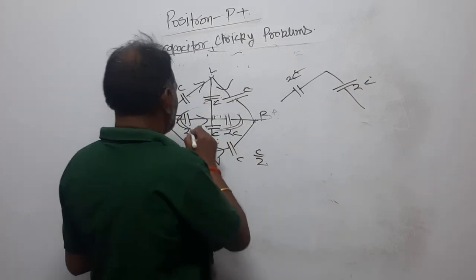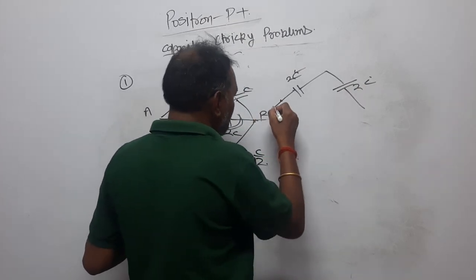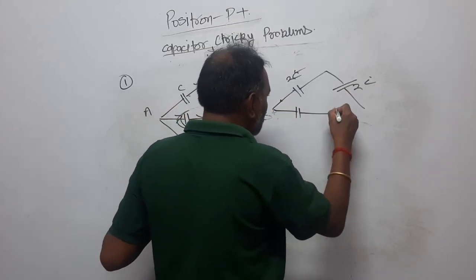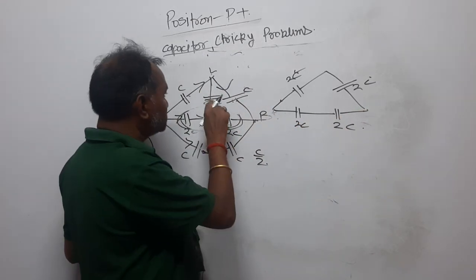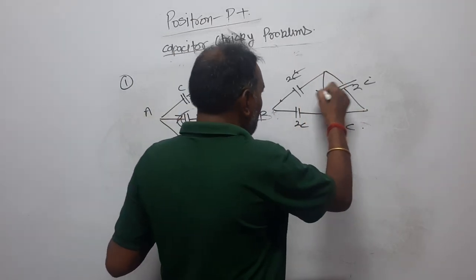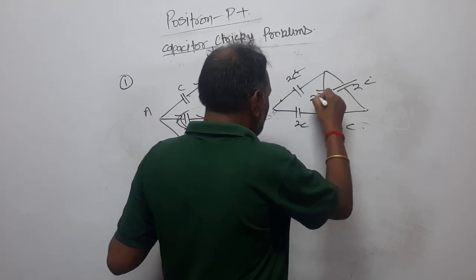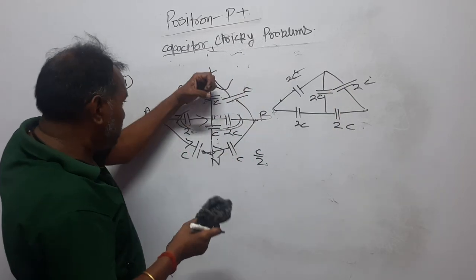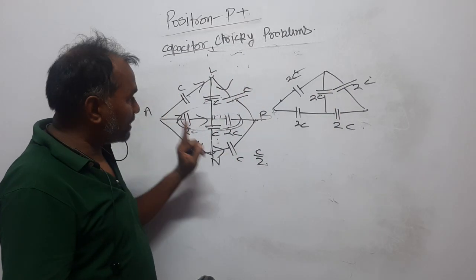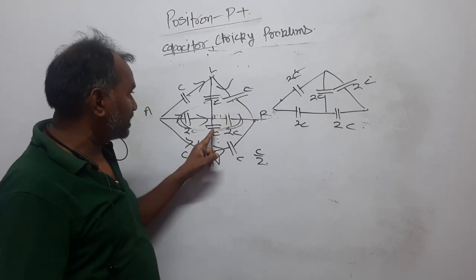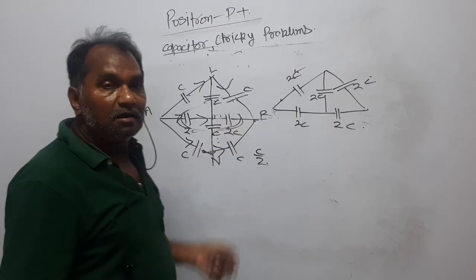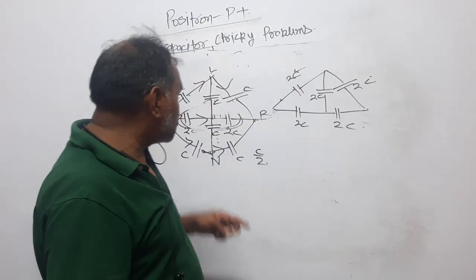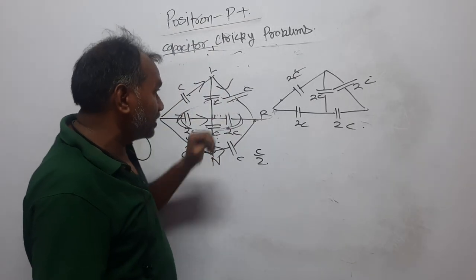Now look here, this 2C remains unchanged, nothing you are going to do over this. This is 2C, this is 2C, and now this C, C is again parallel, so it is 2C, right? If you fold it, this C and this C will be parallel, this C and this C will be parallel, this C and this C will be parallel, whereas these 2C will remain invariant because no capacitor is going to lie on these.